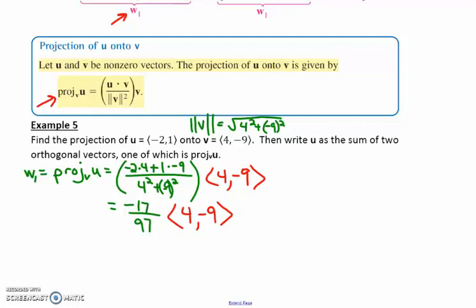Okay, and so then we can just multiply that negative 17/97. So we have negative 68 over 97, and then 153 over 97. All right, so then we need to write what is that W sub 2, because then we're going to need to add the two W's together. So let's figure out what that is.